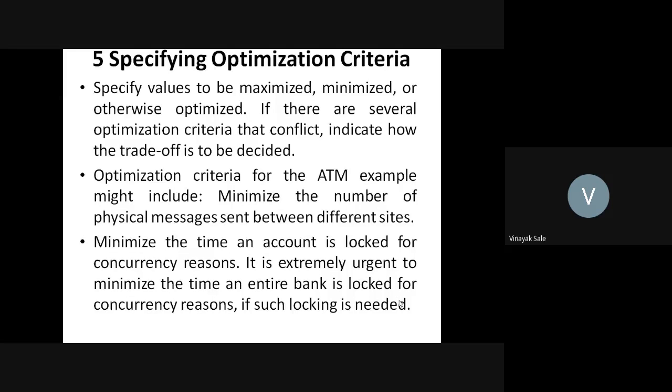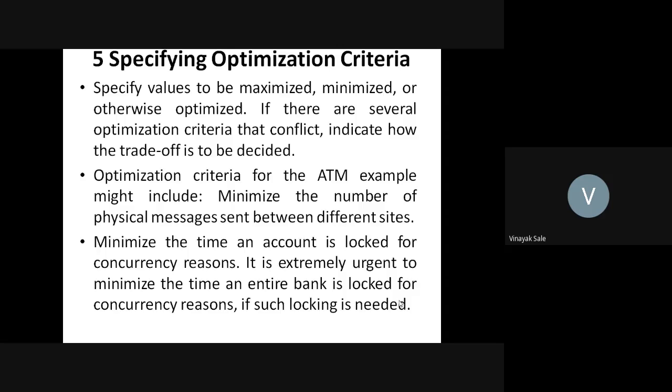And the last point from functional modeling is specifying optimization, in that you specify values to be maximized, minimized, or otherwise optimized. If there are several optimization criteria that conflict, indicate how to trade off, to be decided.